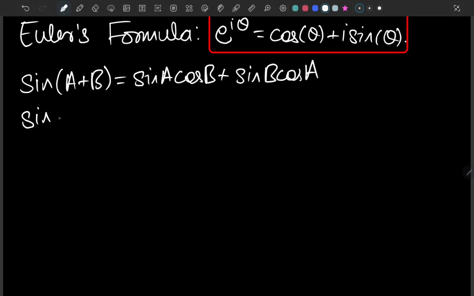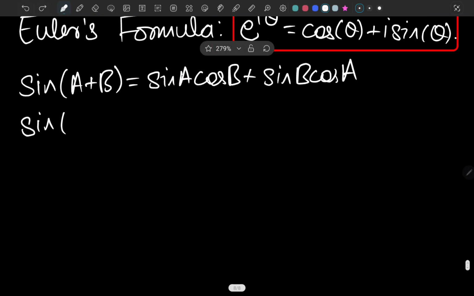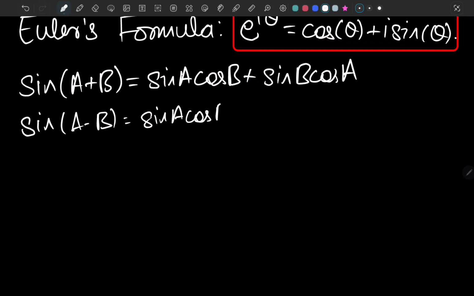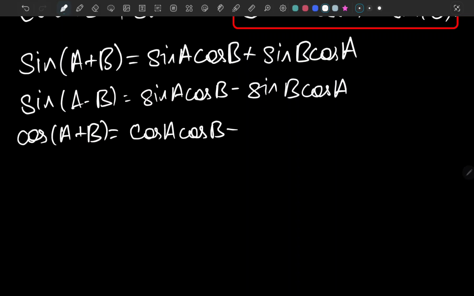And sine of a minus b equals sine of a cosine of b minus sine of b cosine of a, right? And cosine of a plus b equals cosine of a cosine of b minus sine of a and sine of b, right?